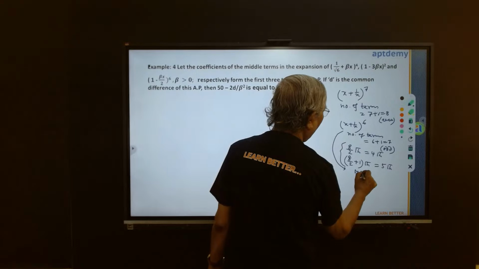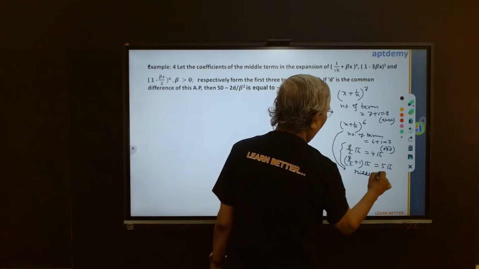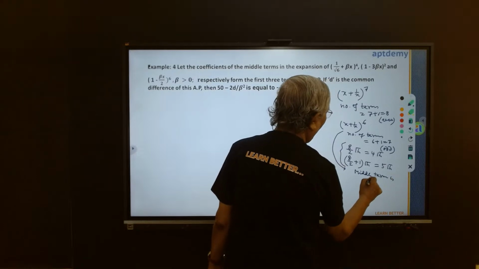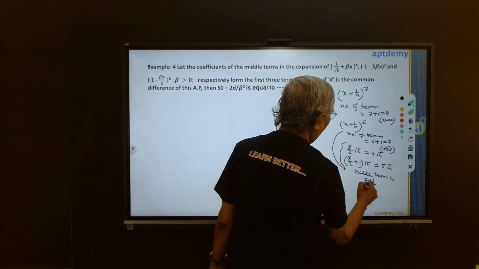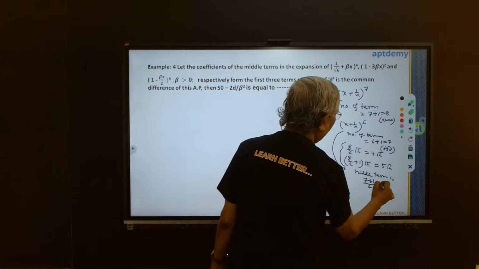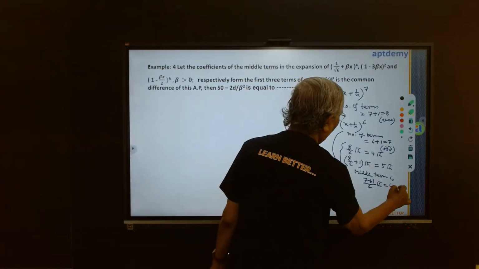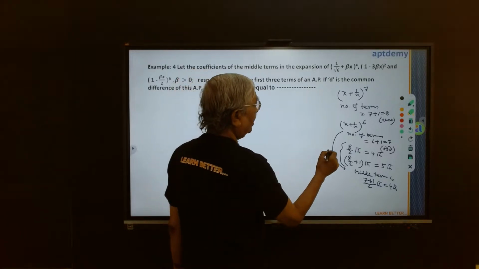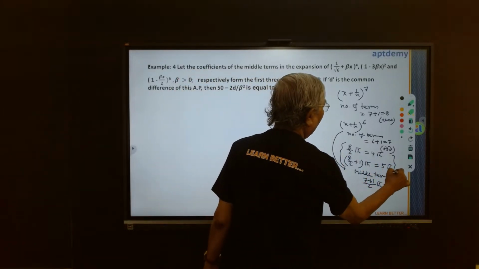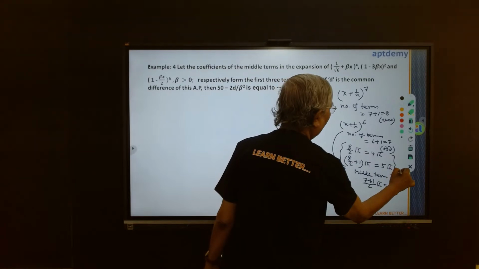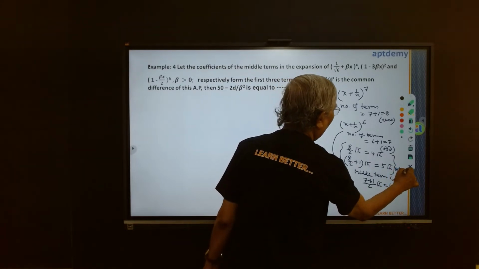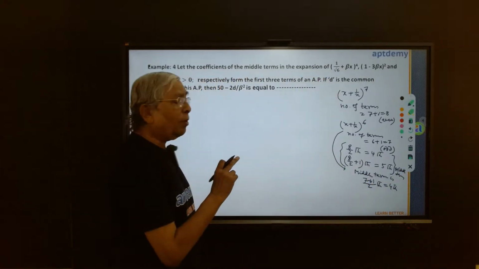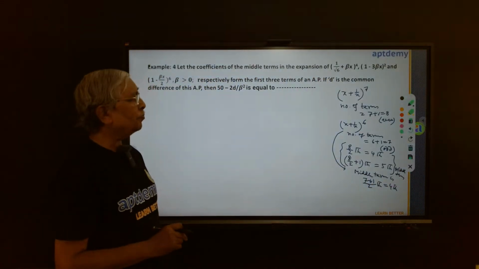The middle term is the (number of terms plus 1) by 2 th term. Here, with an even number of terms, there are two middle terms, and with an odd number of terms, only one middle term, that is the (n plus 1) by 2 th term.